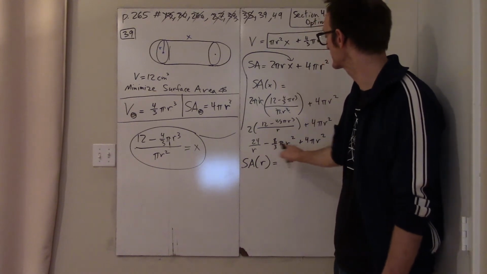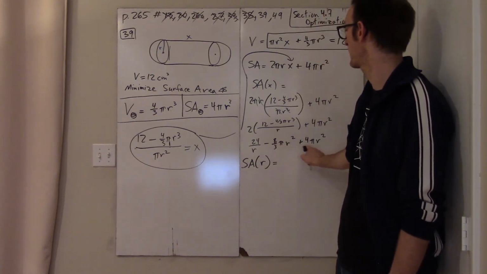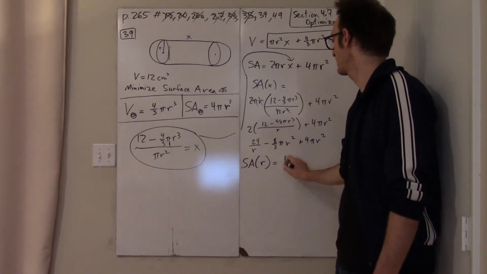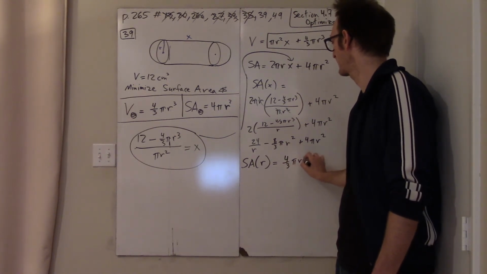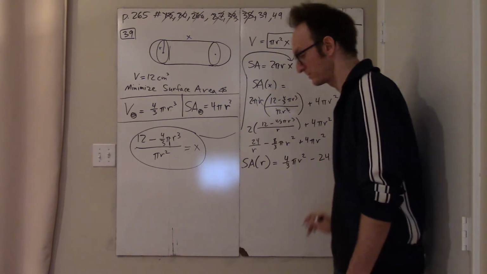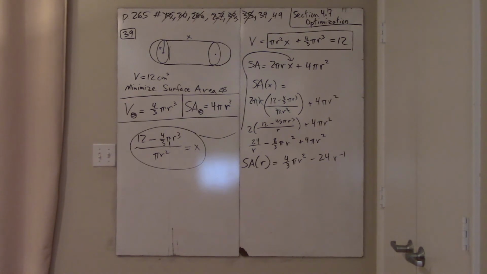Combining like terms, 12/3 and 8/3, the answer is 4/3 pi r squared plus 24 r to the negative 1. So all the hard work was writing out a function for the surface area as a function of r.